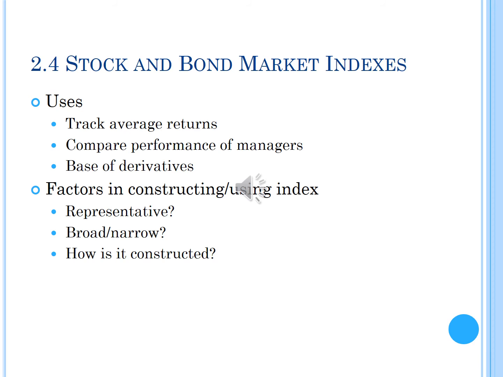Now, the factors that we need to take into consideration in constructing or using an index are how representative that index is of the market that we want to invest in. Is it broad or is it narrow focused? And how is it constructed? We're going to see different methods of index construction in the following slide.